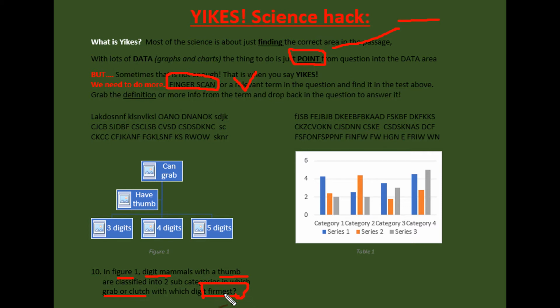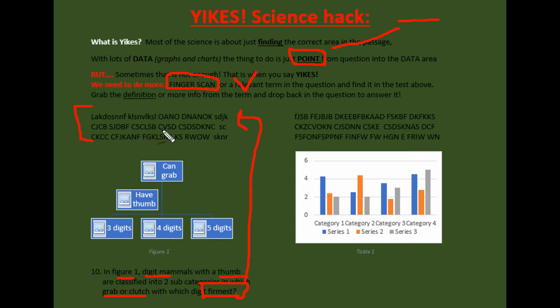I'm going to take that word, I'm going to go up into the text region up here. This is the first place I would start. Why? Because this is the text region dealing with figure 1. All right? I'm going to go in here, finger scan for where it says firmest or a Scooby-Doo talking about firm.